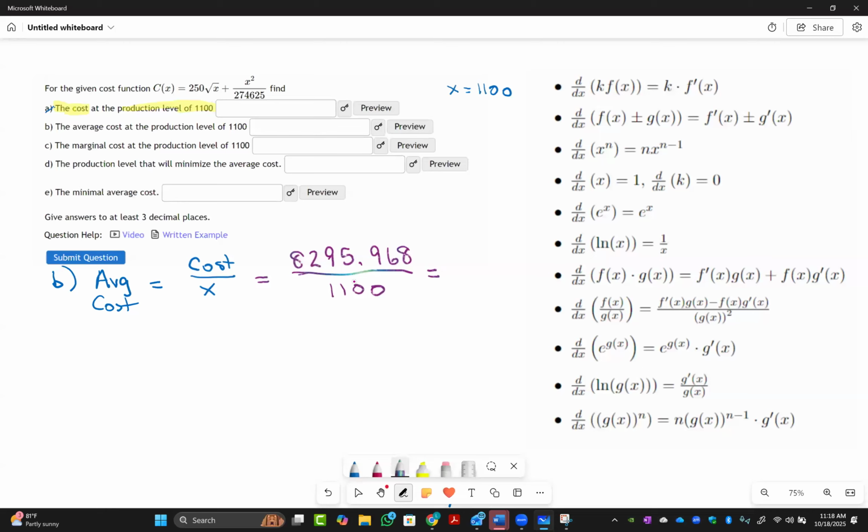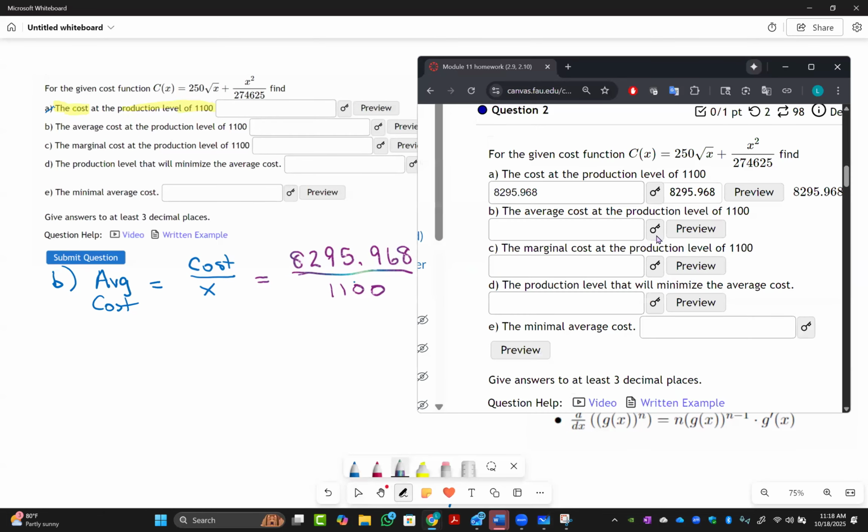So my average cost should be 8295.968 divided by 1,100 equals 7.541. Well, 7.542, because they said to the third. So let's go back to here and enter 7.542.